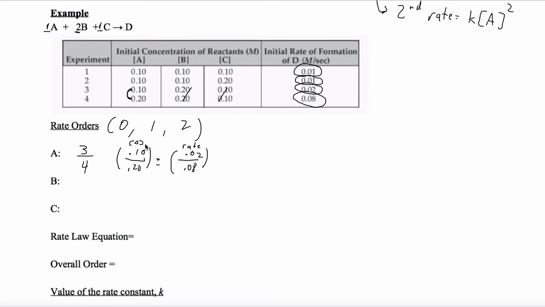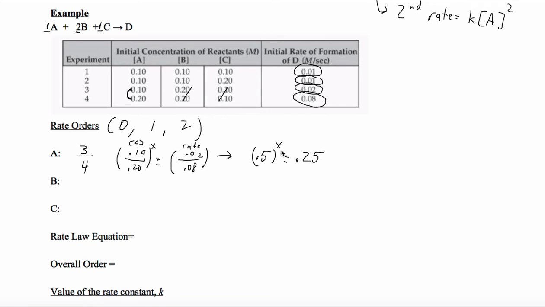Okay? And I'm going to put X here, and that's going to be the order. So when I reduce it down, I get 0.5 to the X equals 0.25. So then I try 0, 1, and 2.